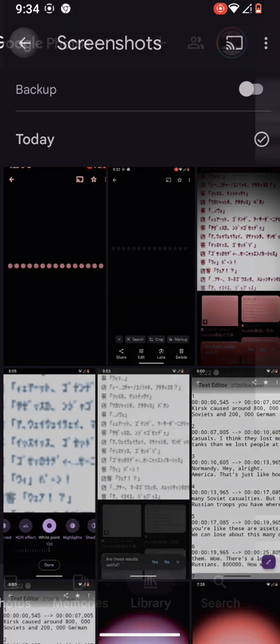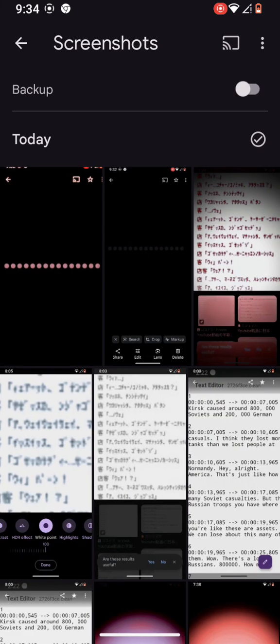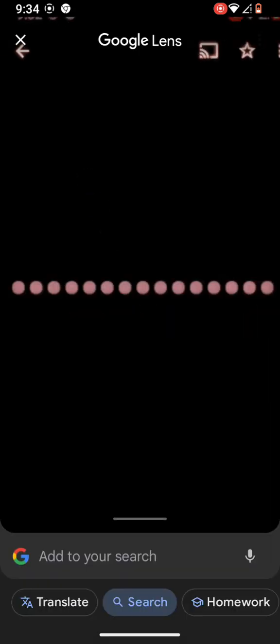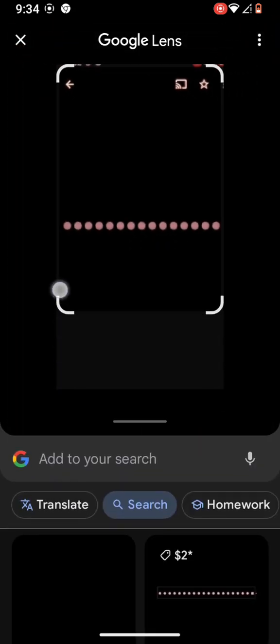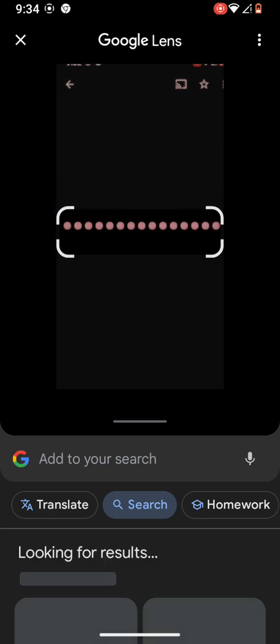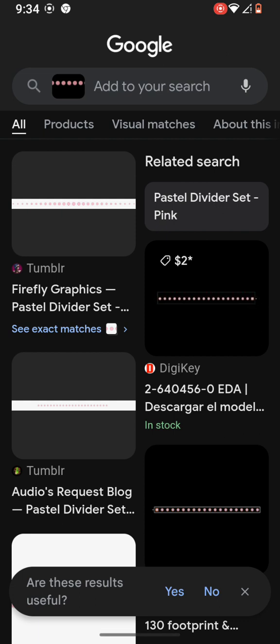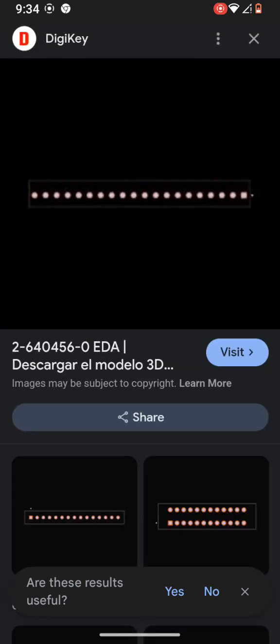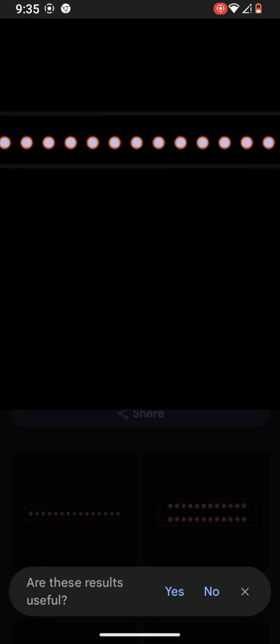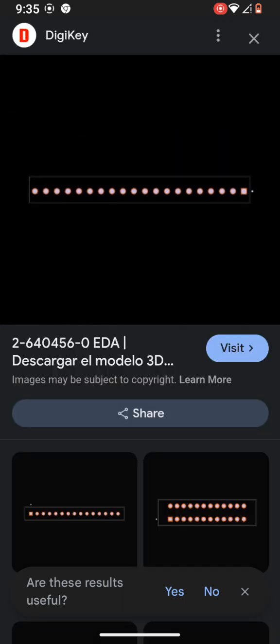All right, so screenshots. And then also on Google Lens, see if there's anything remotely coming up that's similar, right? Well, gee, what the hell is this? Looks awful similar, doesn't it? Well, what the hell are these?